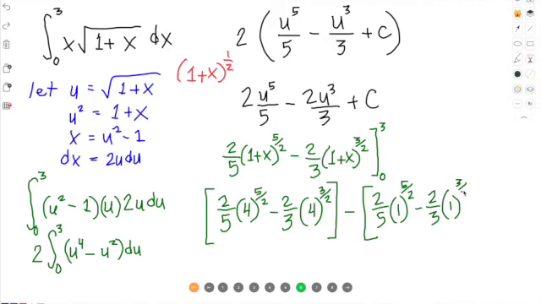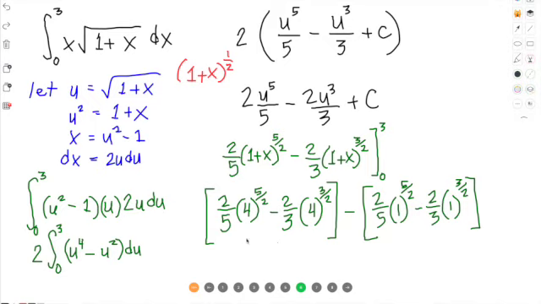Okay, so if you plug all of that into your calculator, you will arrive at the answer. I will just take the simplifications here.